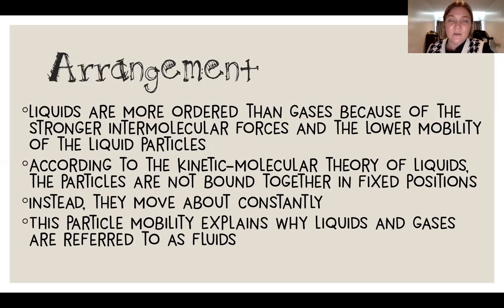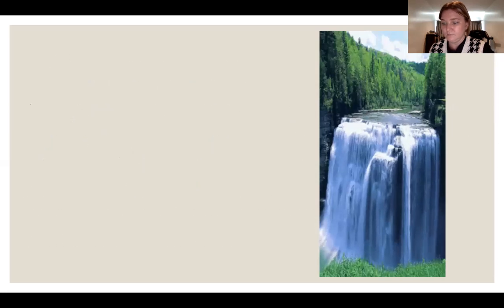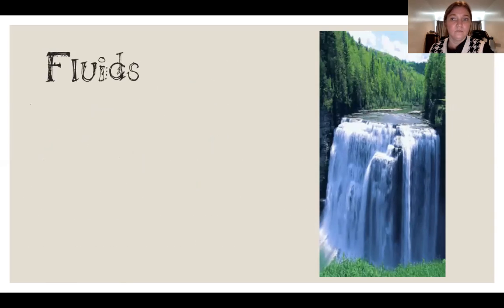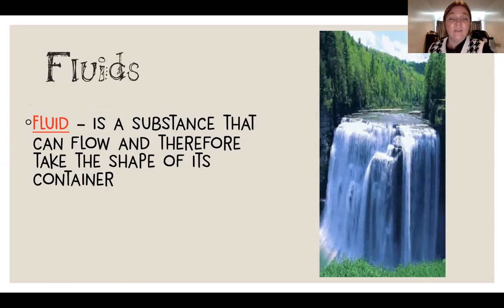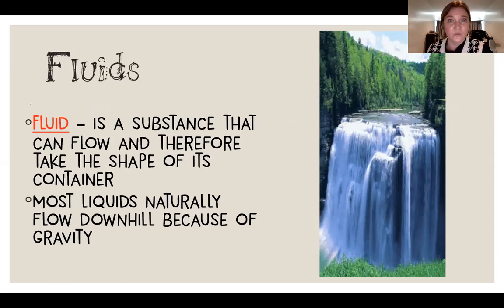And because they have the ability to move around, this is what classifies both gases and liquids as fluids. A fluid is any substance that can flow and therefore can take the shape of its container, which is why both gases and liquids don't have a definite shape.